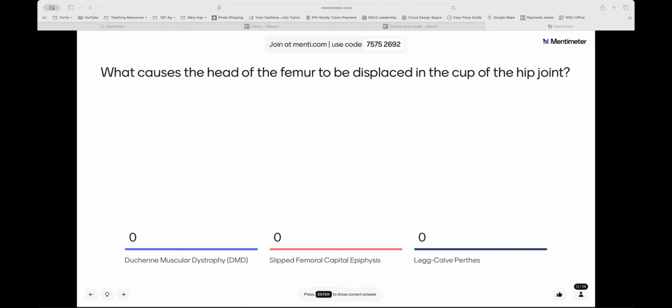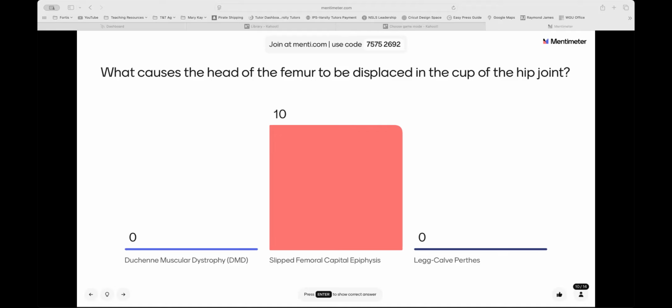And which is our last one that causes the head of the femur to be displaced in the cup of the hip joint? Yep, that is our slipped femoral capital epiphysis.